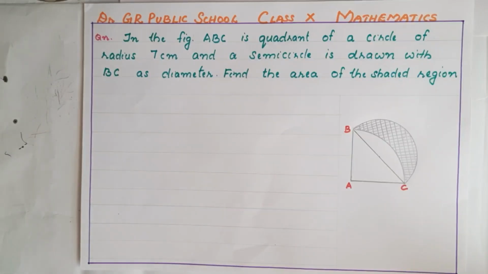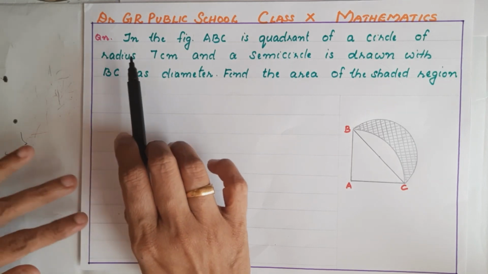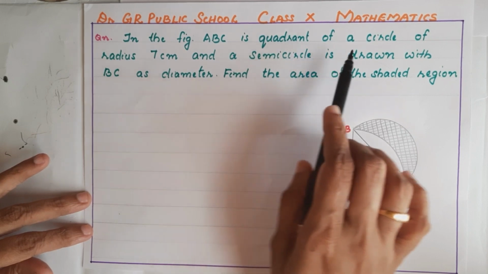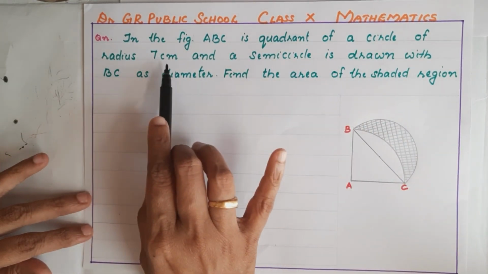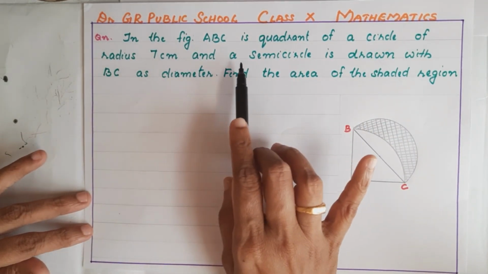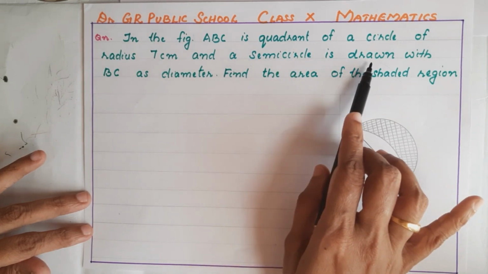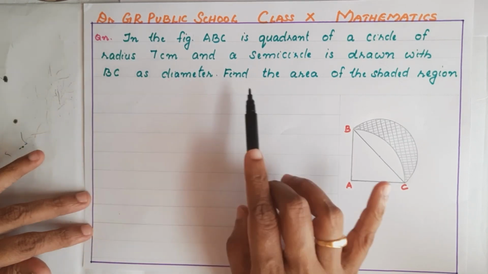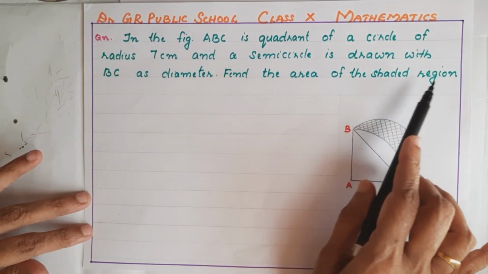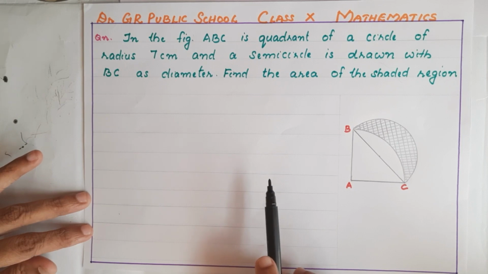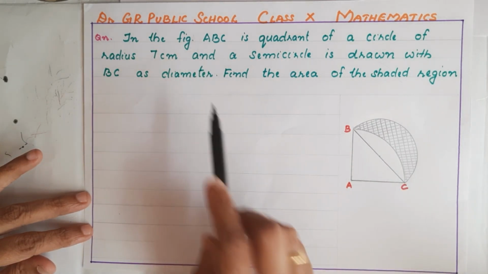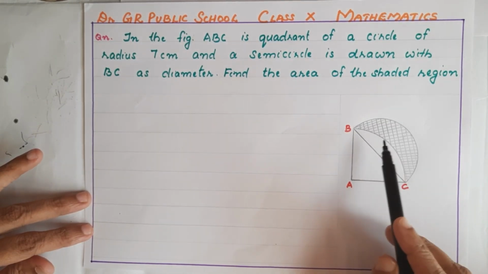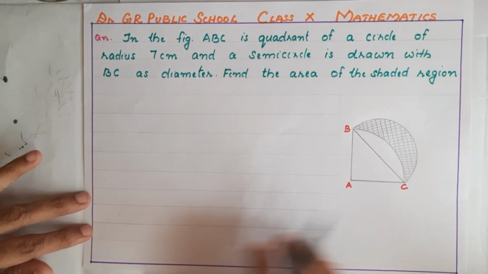Okay, children. Our next question is: in the figure, ABC is a quadrant of a circle of radius 7 centimeter and a semicircle is drawn with BC as diameter. Find the area of the shaded region. Did you see the question? ABC is a quadrant of a circle of radius 7 centimeter.